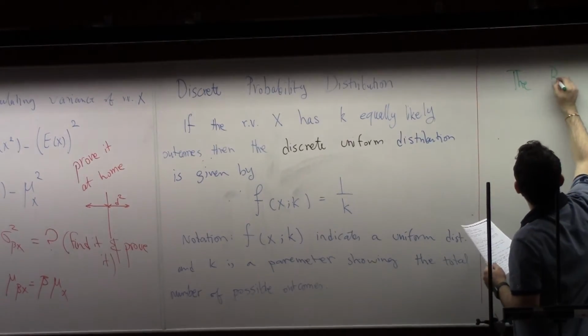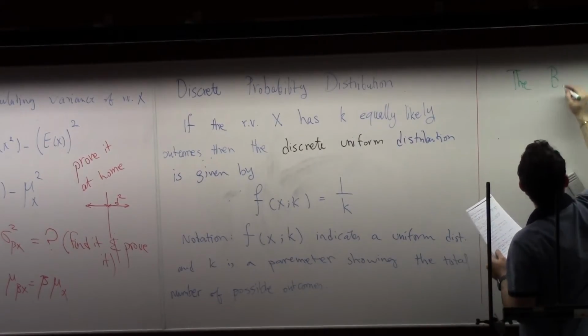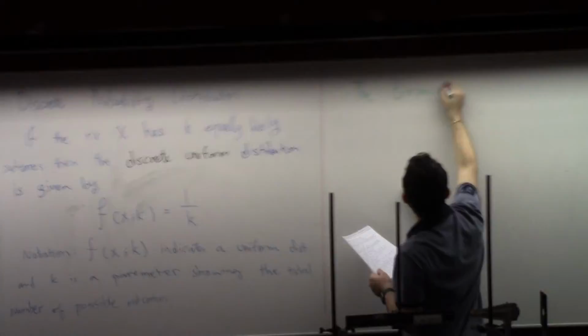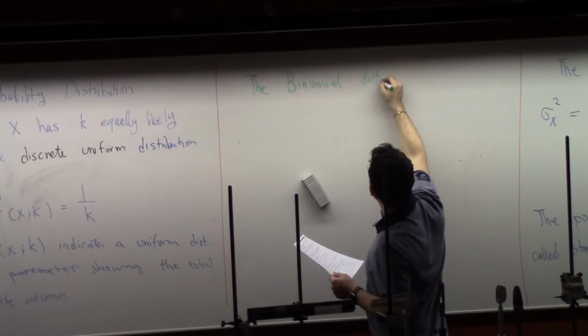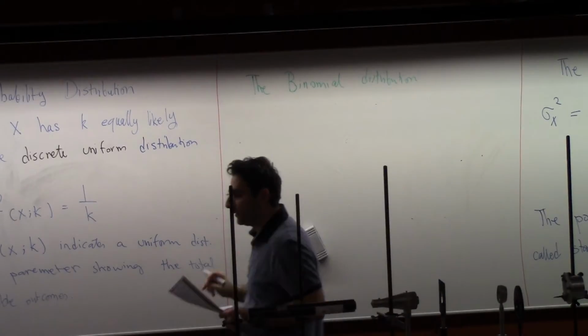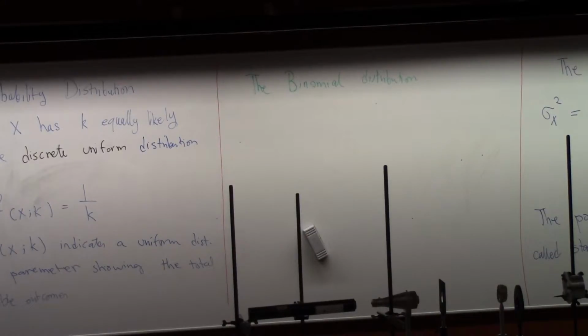The next one is binomial distribution. Binomial. What do you understand from the binomial distribution? There are two possible outcomes. Yes, it's only binary. It's two possible outputs. It's called the Bernoulli trail.